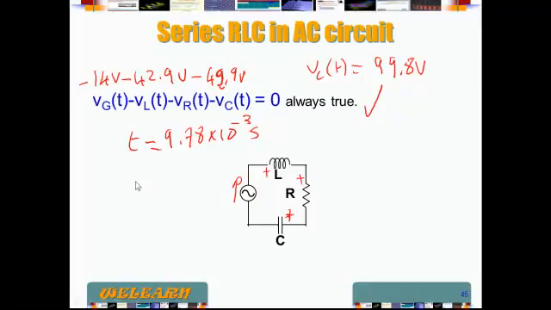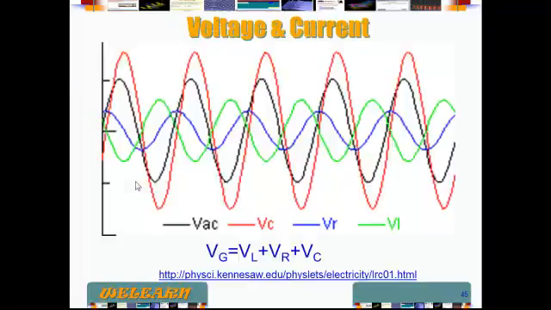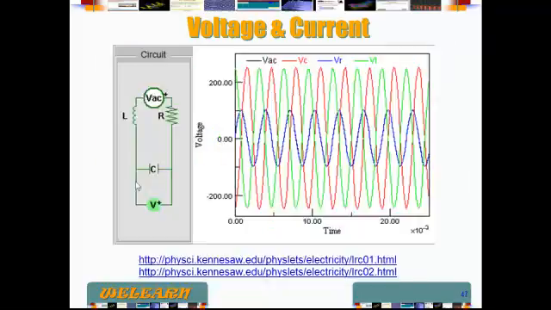So this is what we mean by the sum of all voltages being equal to 0. But as you notice, that's not easy. So this is what we are talking about. That's what we just had in the graphic. You can find the simulations here.